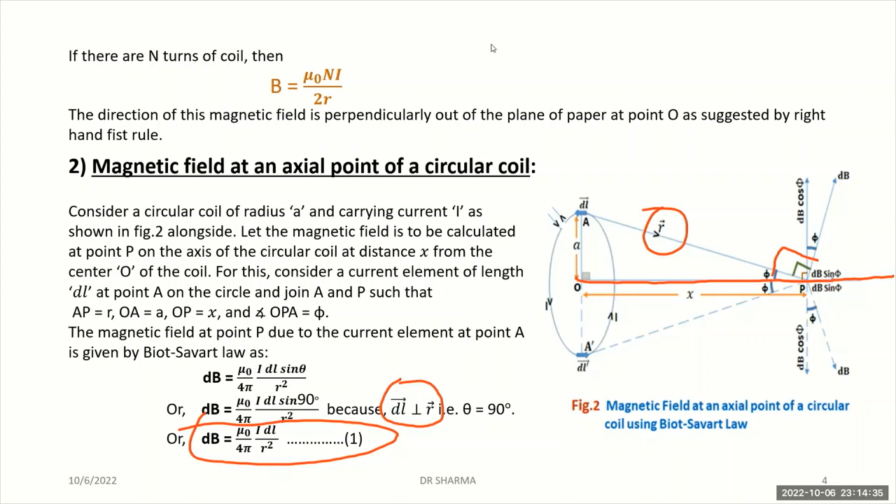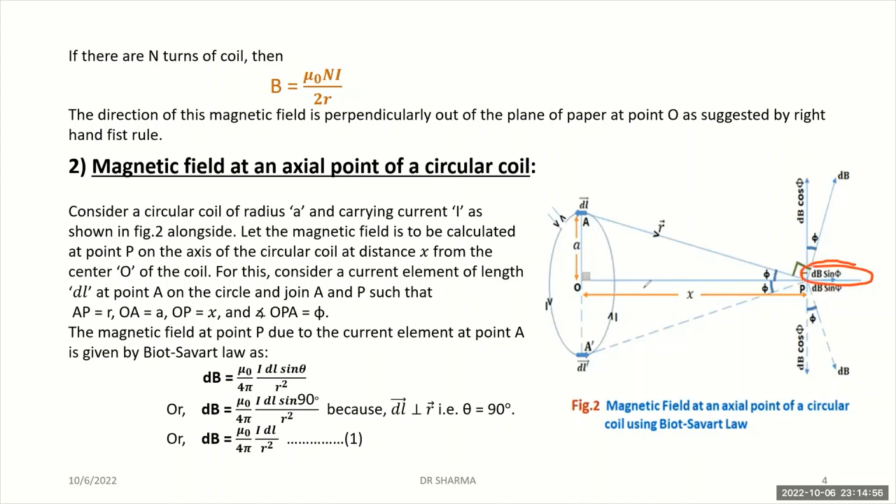So it has two rectangular components in reference to the axis of the coil: one component dB sin phi along the axis of the coil and dB cos phi perpendicular to the axis of the coil.